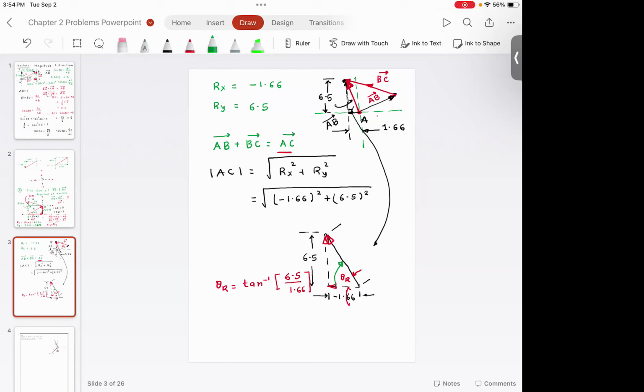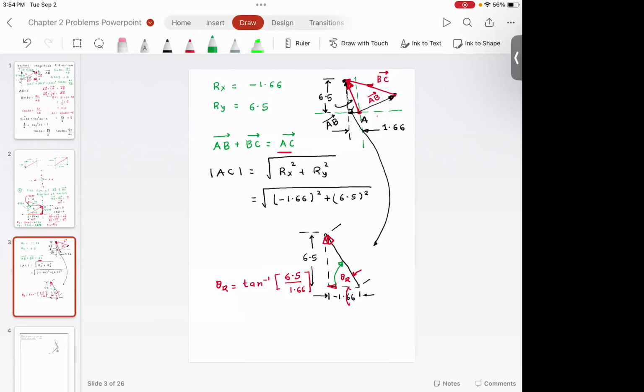Are you with me? So whenever you are asked to find the resultant of vectors, step number 1 is to resolve the vectors in the same coordinates. Dollars to dollars, pesos to pesos. Add all the x's, add all the y's, and then find the sum.